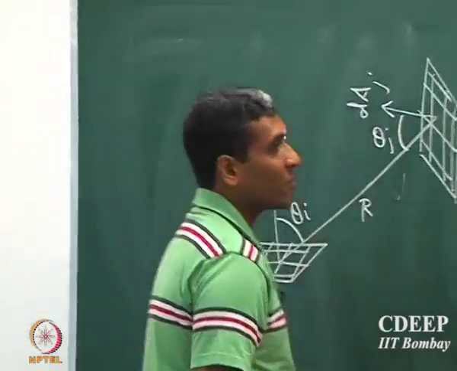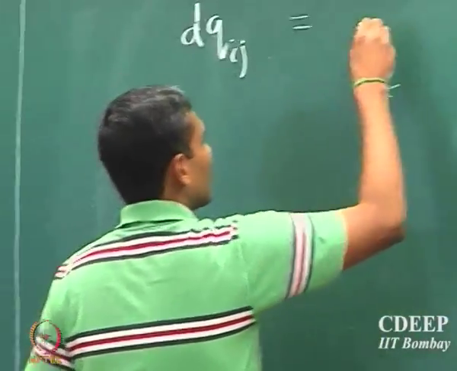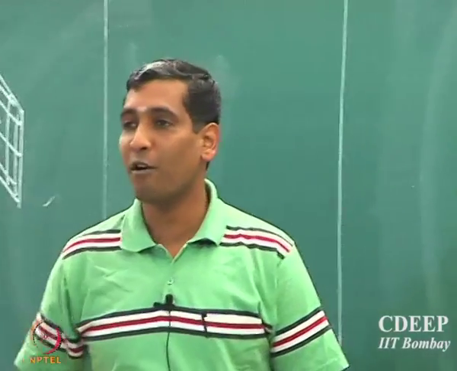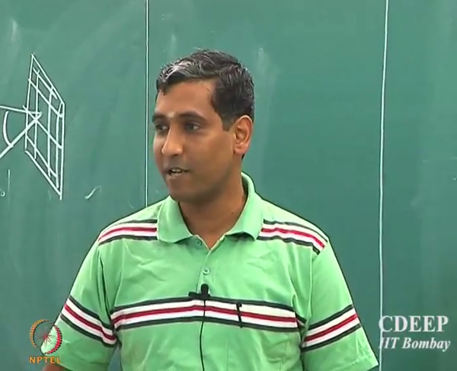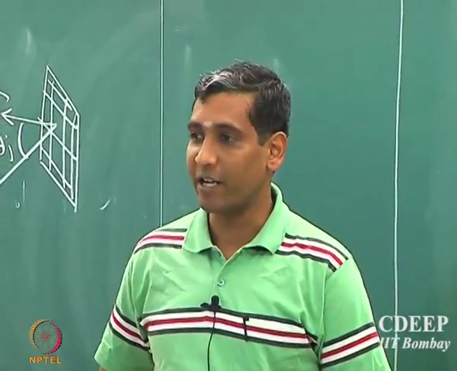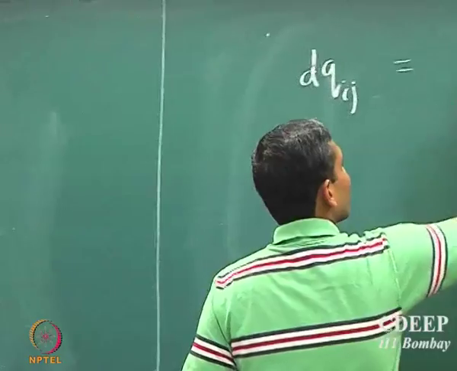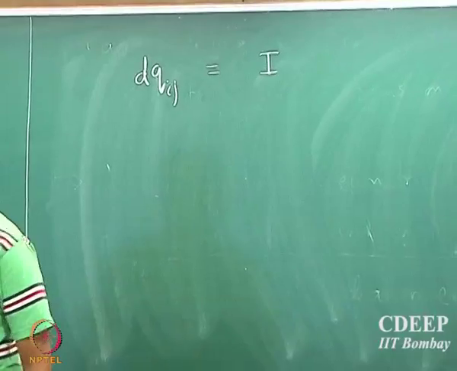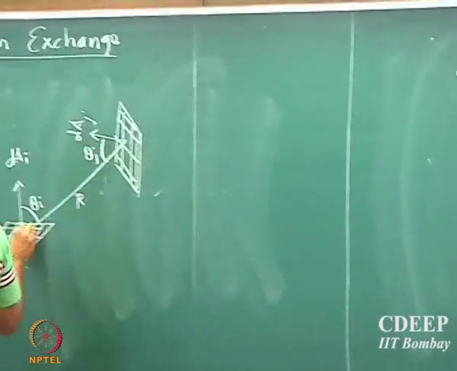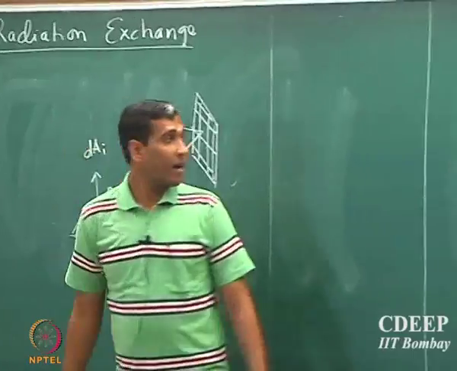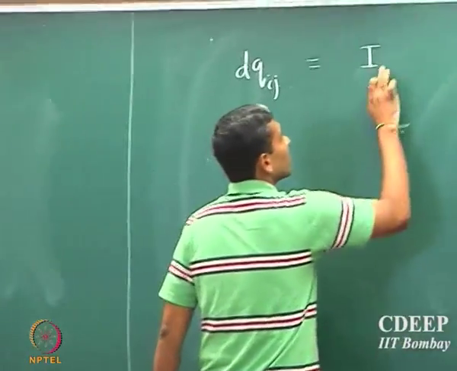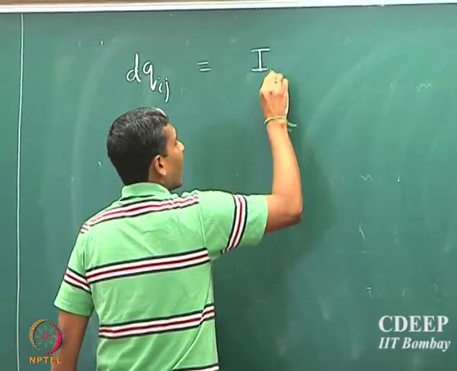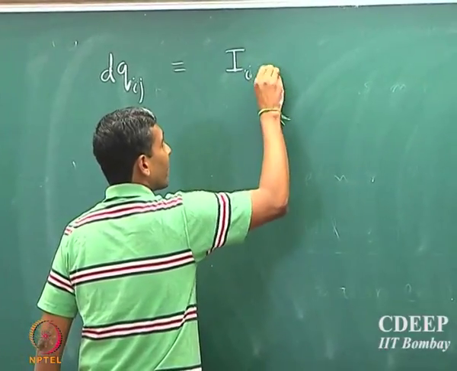You should remember the definition of the radiation intensity that we discussed at the start of radiation. Supposing I is the intensity of radiation that comes out of this surface, that is I, emission plus reflection.